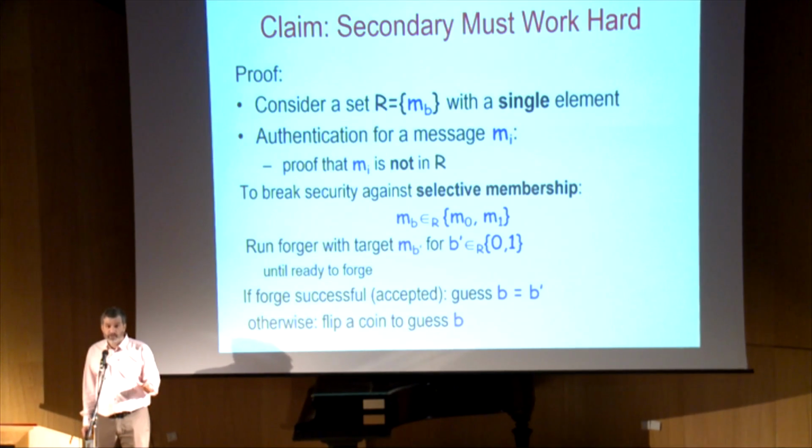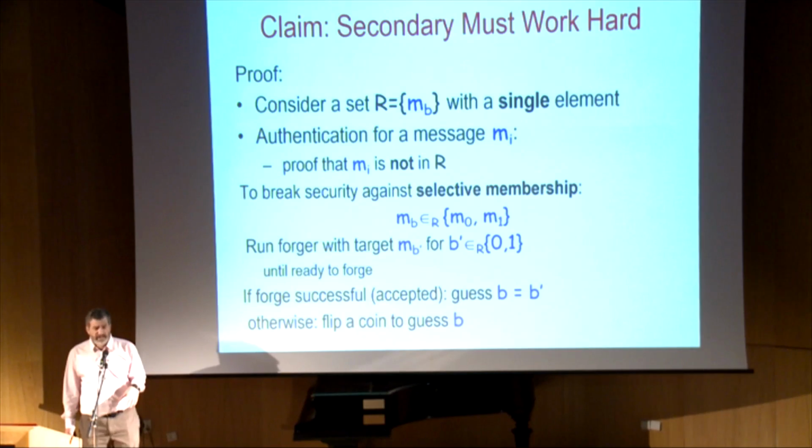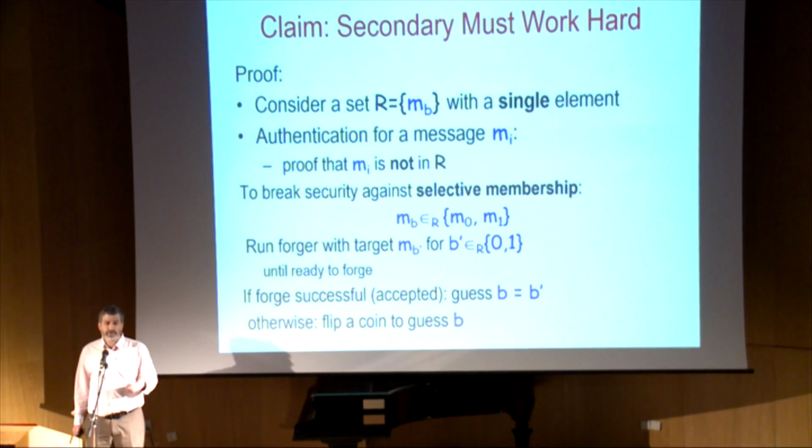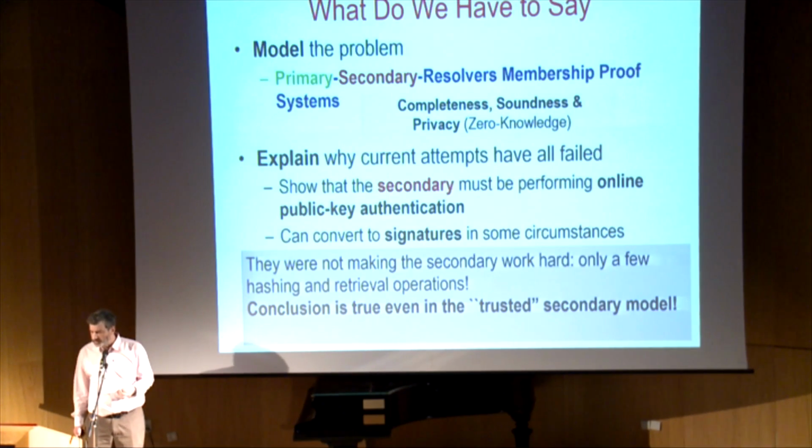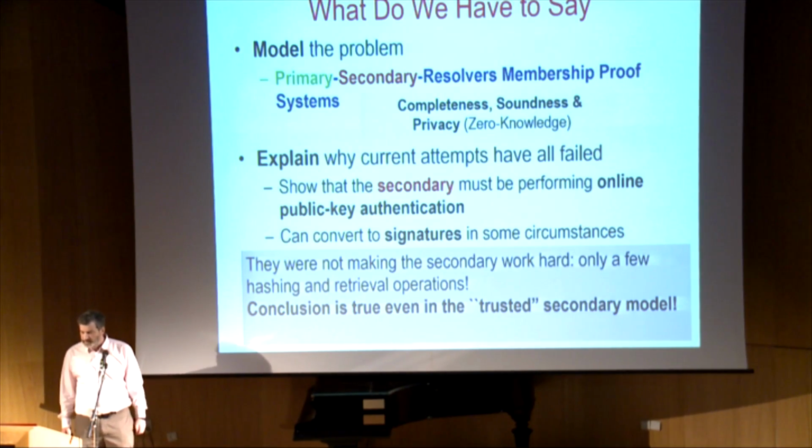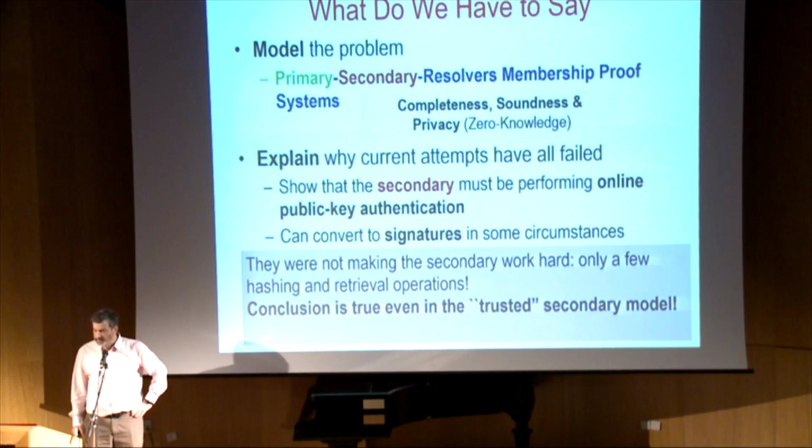All these things will not work because they would yield an identification scheme, which, for instance, under oracle separation results shouldn't work. Really, the main issue is that the secondary has to do something. It cannot be just a lookup.